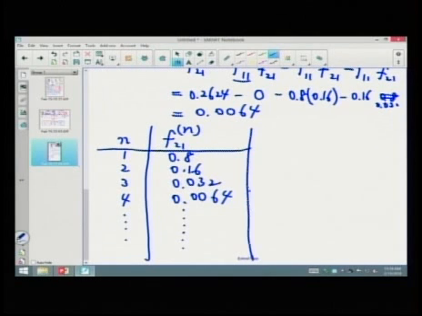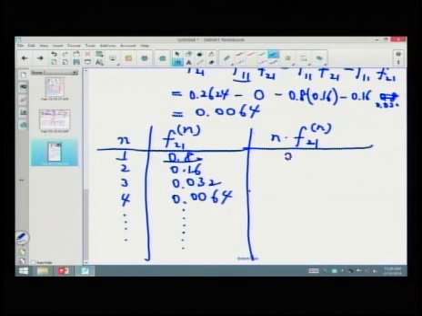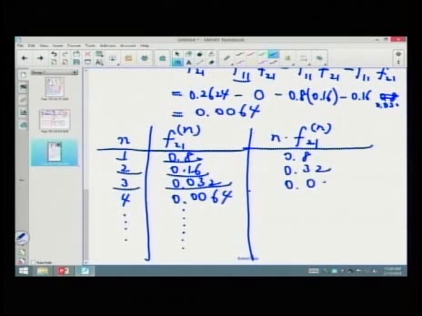I'm going to add one more column here: n times f sub 21 to the nth power. You just multiply these two values. 1 times 0.8 is 0.8. 2 times 0.16 is 0.32. 3 times 0.032 is 0.096.